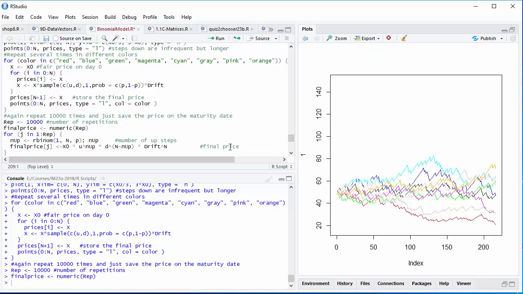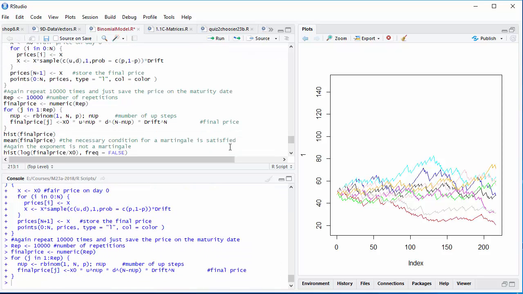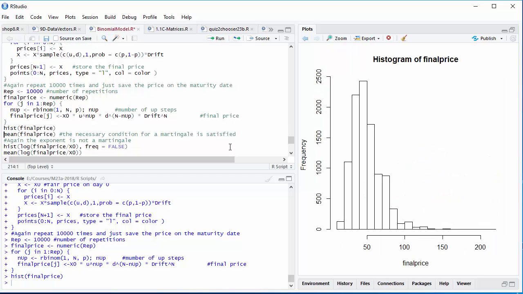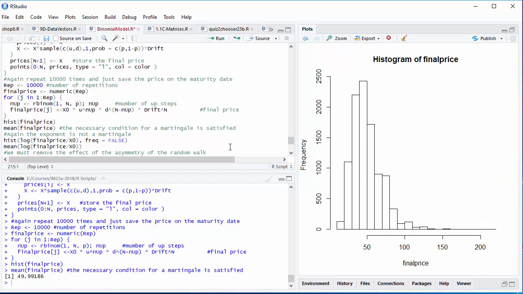I can do this 10,000 times to see what the histogram looks like. Looks much like our other histograms. We've still got a martingale because we introduced a drift that compensated for the effect of the higher probability of an upstep.